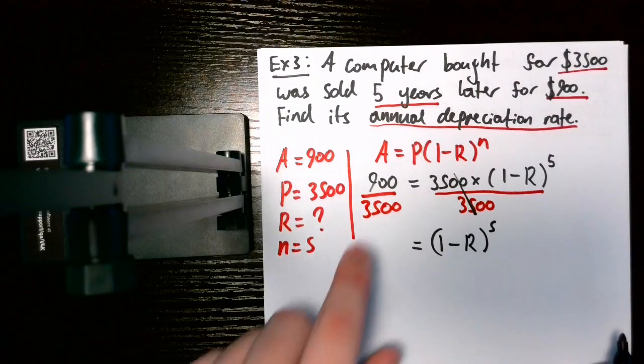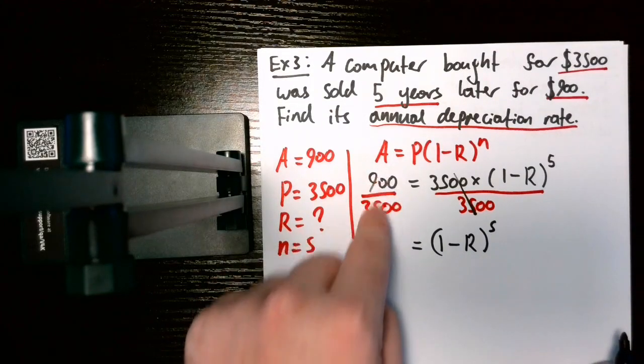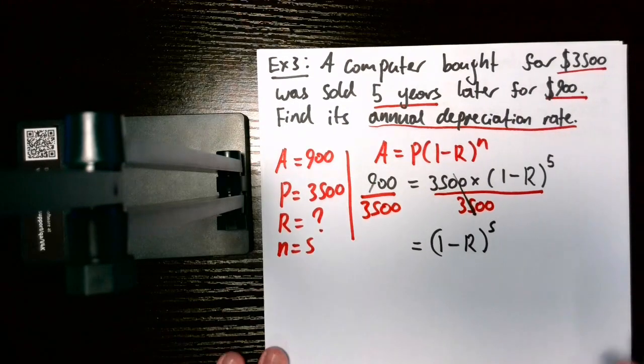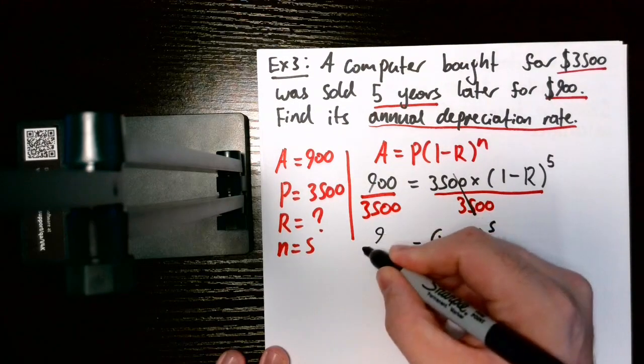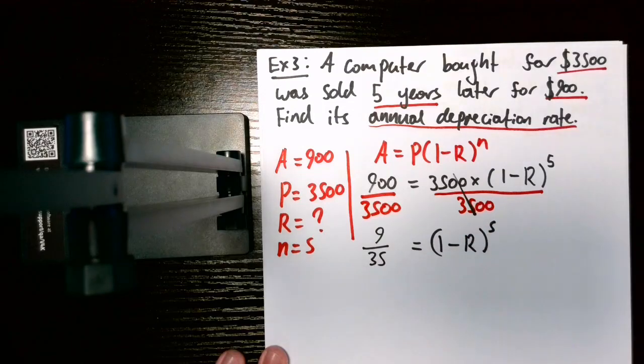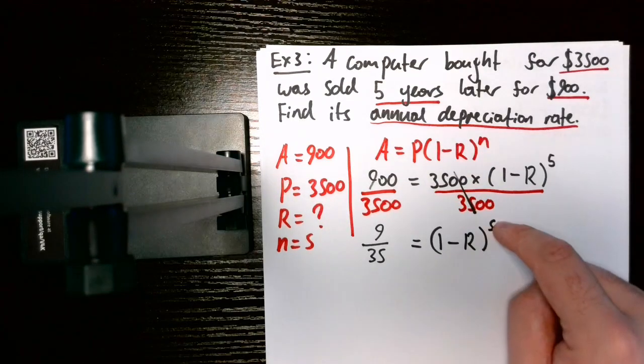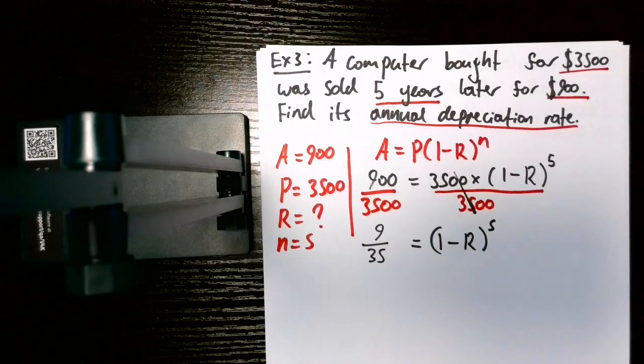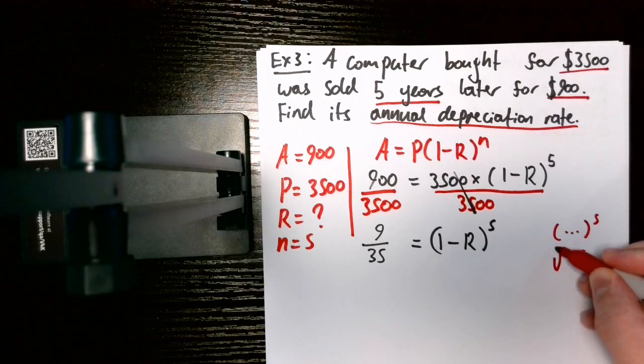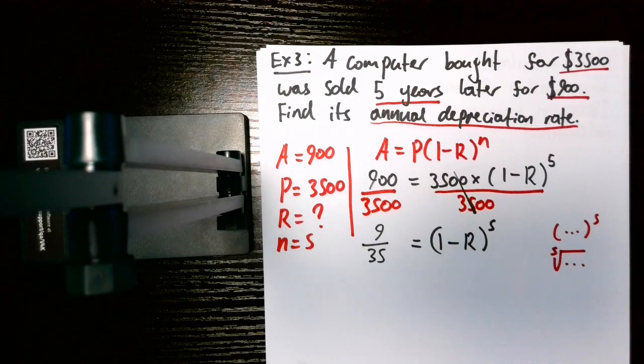Now, what I encourage you to do is to jump on your calculator and simplify this down, and you'll end up with the fraction on the left-hand side being 9 over 35. Now, remember, our next step was to unlock this bracket by doing the opposite of the power. The opposite of a power of 5 is to take the fifth root of whatever was inside that bracket.